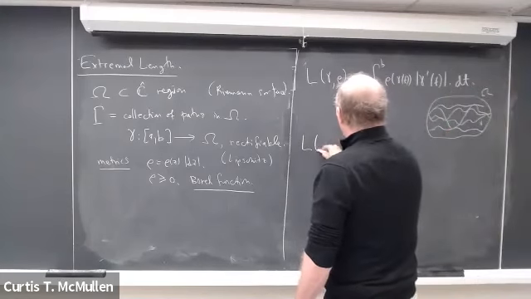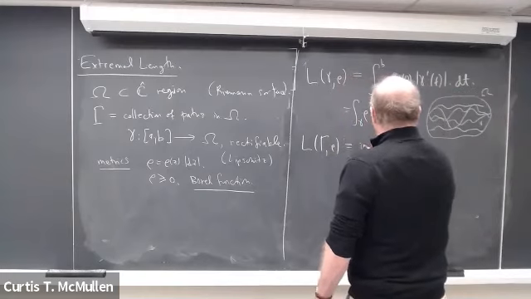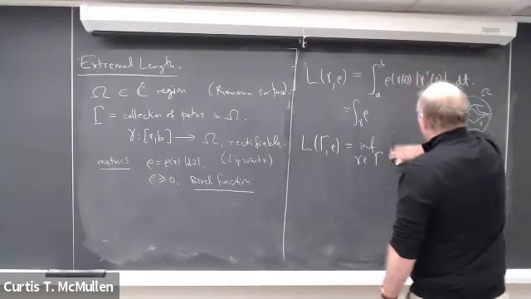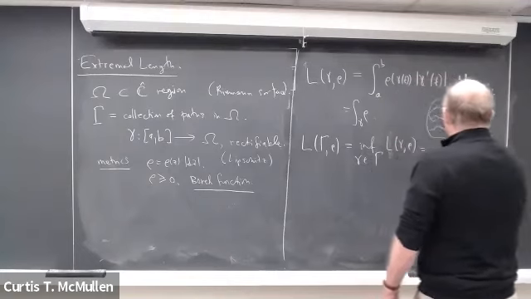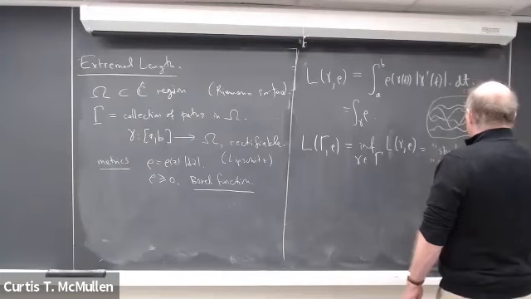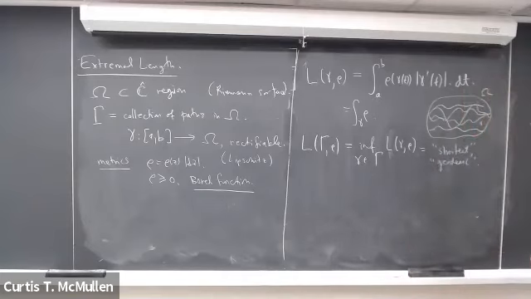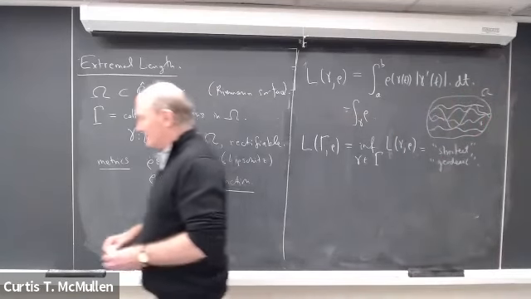We let L of capital Gamma, rho be the infimum over elements of the path family of the length of gamma. Intuitively, it's the geodesic length, if the geodesic is the shortest curve. Now, I'm not saying it's achieved. I'm just saying by definition, it's the smallest it can be made.